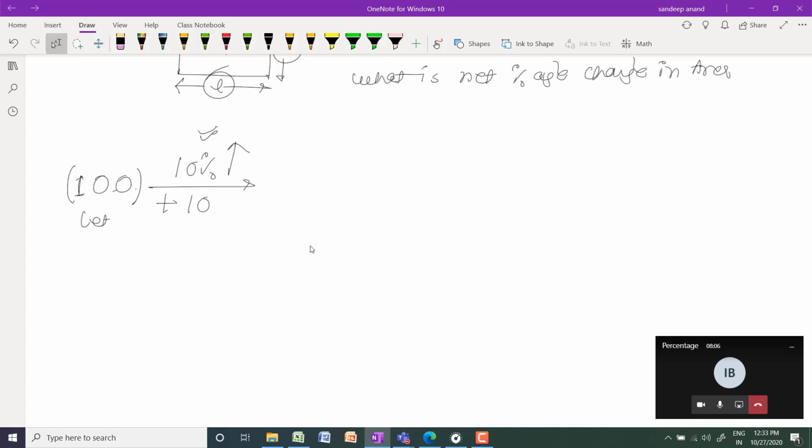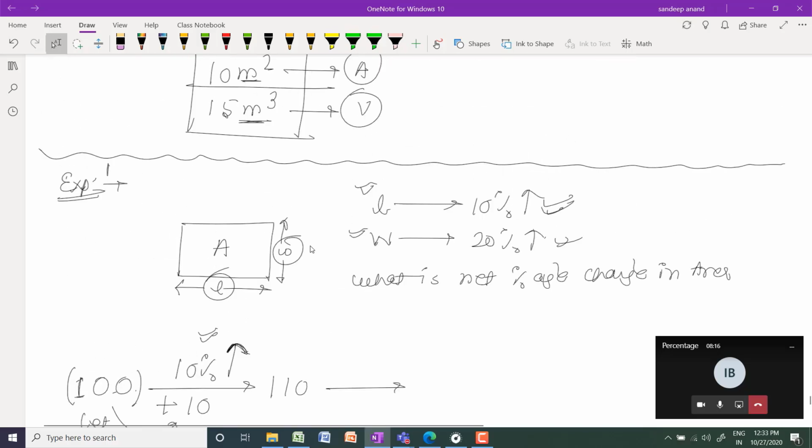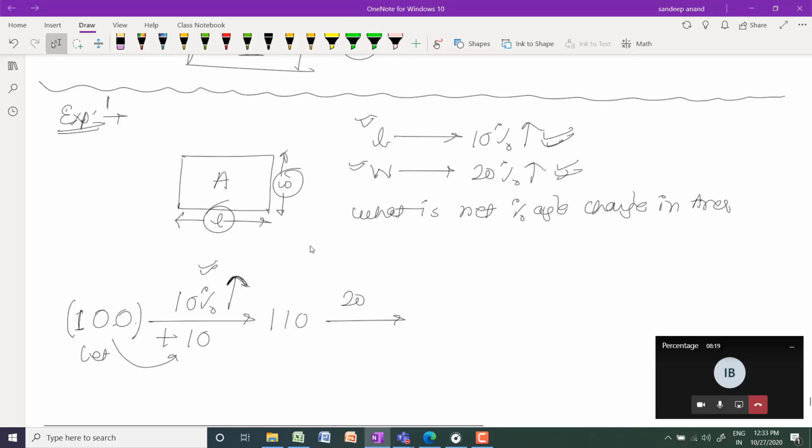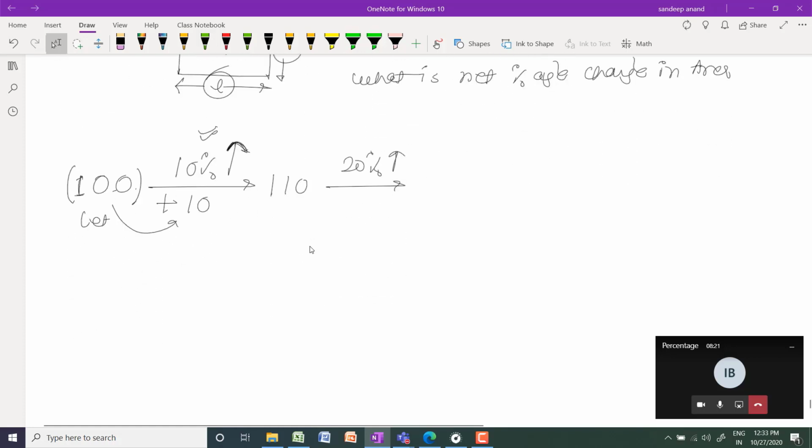So now you need to add. Why am I adding? Because the value is increased. So 10 plus 100 gives you 110. Now width is increased by 20%, so I am going to increase this width by 20%. What is 20% of 110? If you shift the decimal, 11 is 10%.